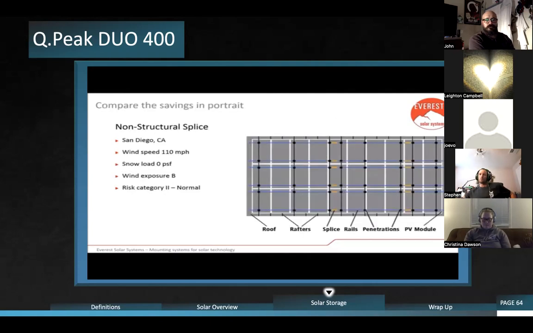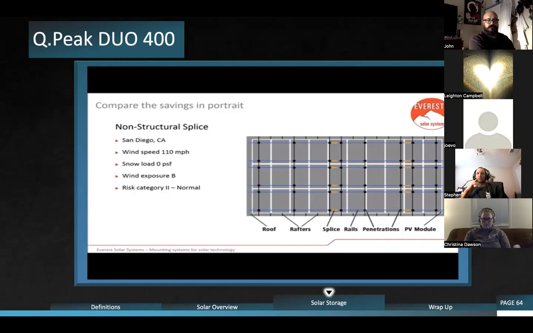So I just want to touch on our structural splice and the benefits of our splice compared to the competitors out there on the market. Here's an example of a 3x10 array in portrait using a non-structural splice. Say we're doing an installation in San Diego with 110 mile/hour wind speeds.